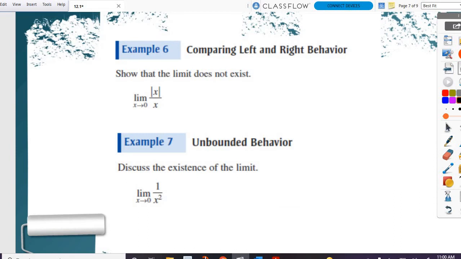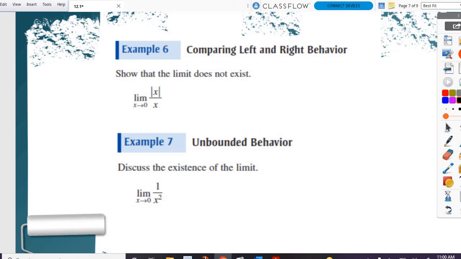So let's look at a few more graphs. The limit of the absolute value of x. So what does our absolute value do? It takes away the negative and makes everything positive, right? If I'm plugging in things to the left of the x-axis, it's still going to be positive, but I'm plugging in negative values.